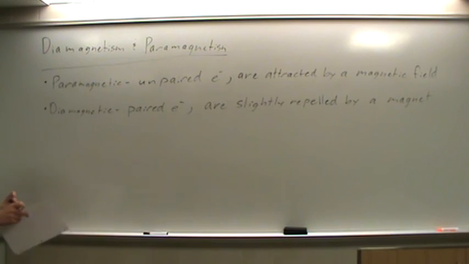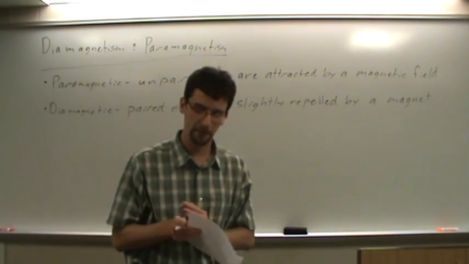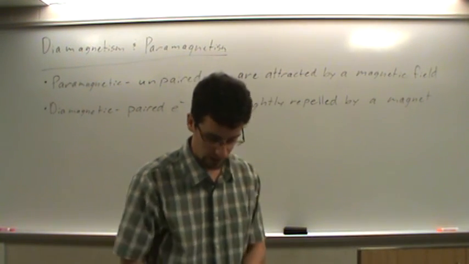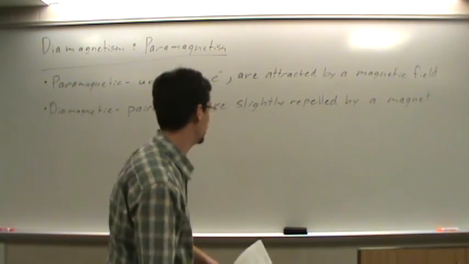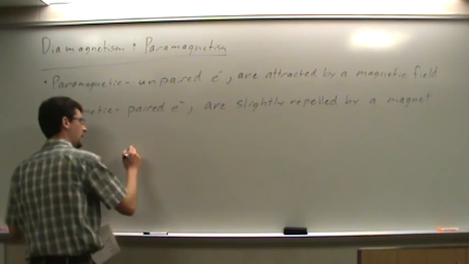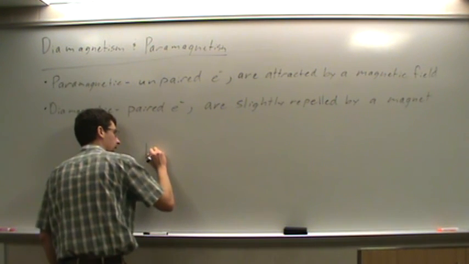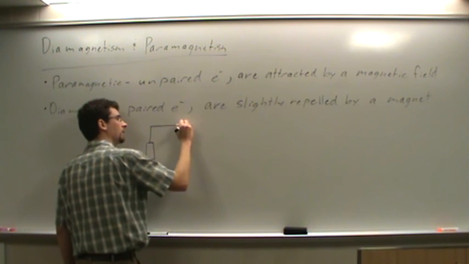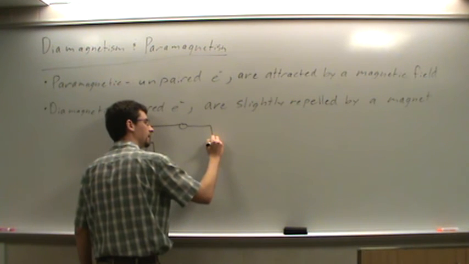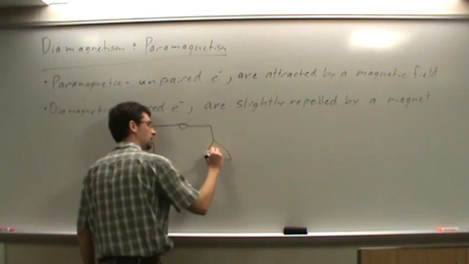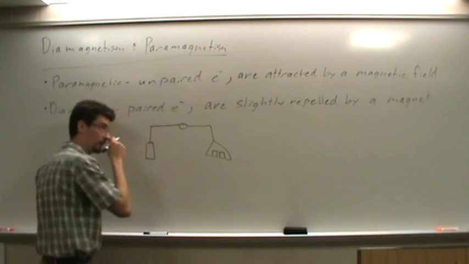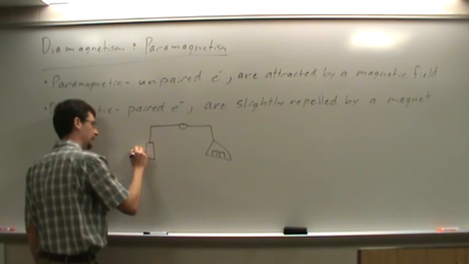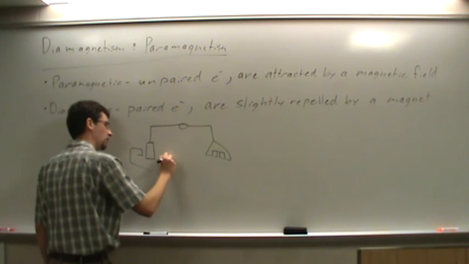And they use an apparatus to figure out if something is diamagnetic or paramagnetic. It works almost just like a conventional balance, except they have a magnet hooked up to it. So what they do is you have your sample, attached to some balance. Put weights on this balance, and they get the weight of the sample, and then they put it in an external magnetic field.